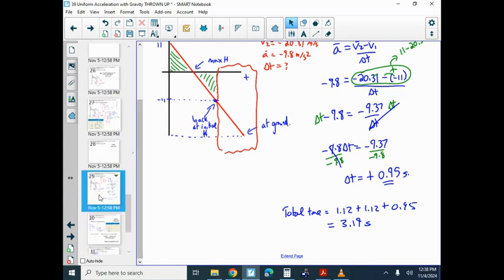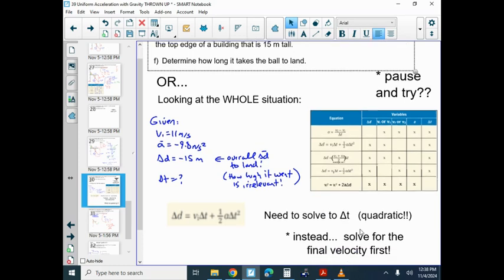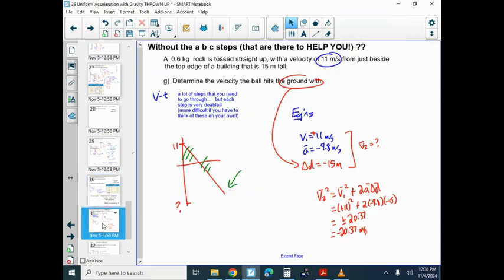It's on a slide here somewhere, but there it is. Or we could look at the whole situation, in which case it was launched upwards at 11 and had the acceleration down and the overall displacement down. If we were solving for the time, notice that the equation we pick would be a quadratic, and so you have to solve that. Instead we could get the velocity first, right?